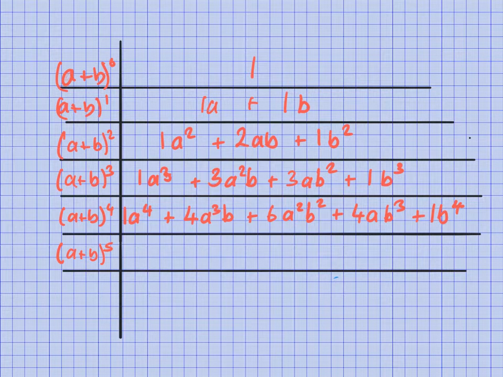Okay, what you should have predicted is that this is going to be 1a to the 5 plus 5a to the 4b plus 10a to the 3b squared plus 10a squared b cubed plus 5ab to the 4 plus 1b to the 5.